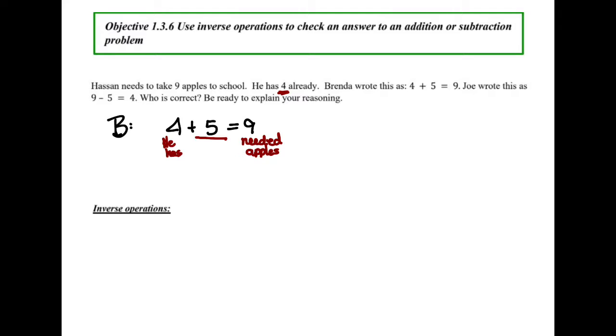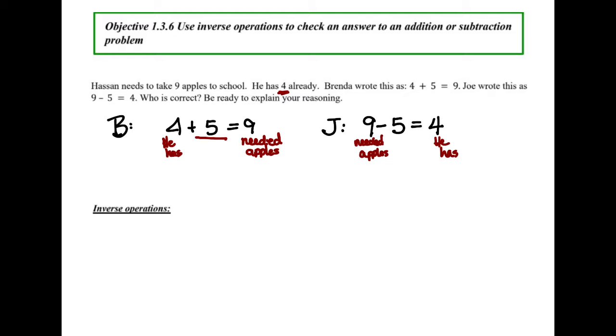Okay, so Joe, he wrote 9 minus 5 is 4. So these are the needed apples here. In this case, the 4 that he already has is over here.